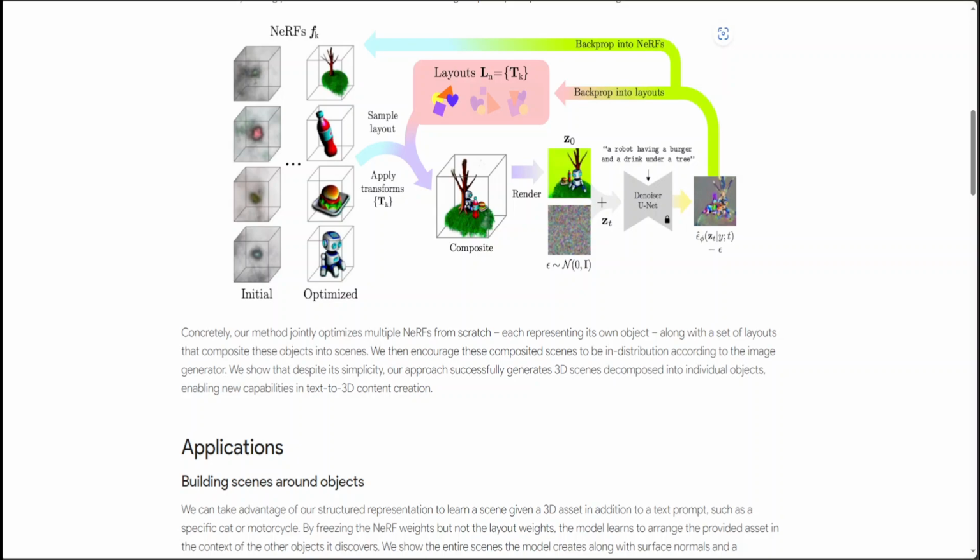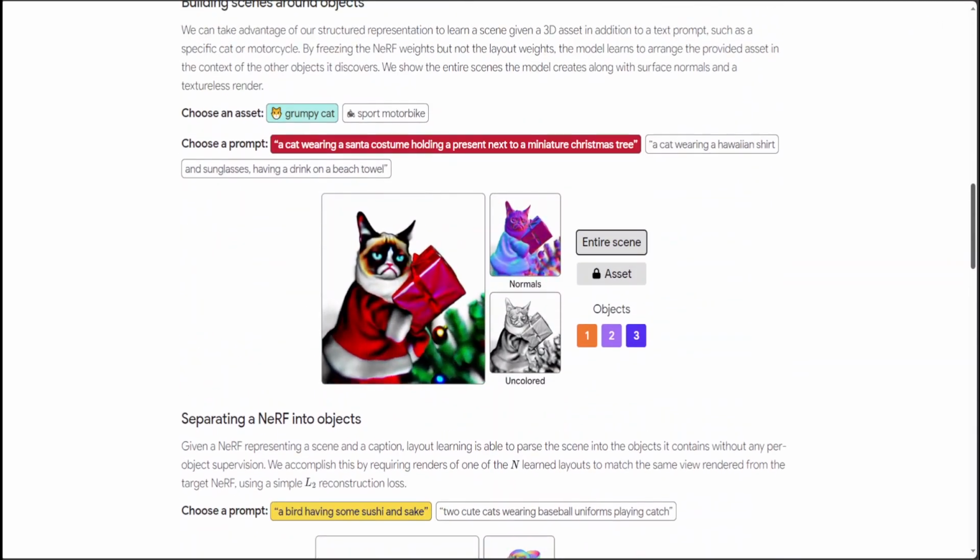And then they transform the NeRFs according to these layouts and composite them, training them to form high quality scenes as evaluated by the SDS loss with a text to image prior. This structure causes each individual NeRF to represent a different object while ensuring that the composite NeRFs represent a high quality scene.